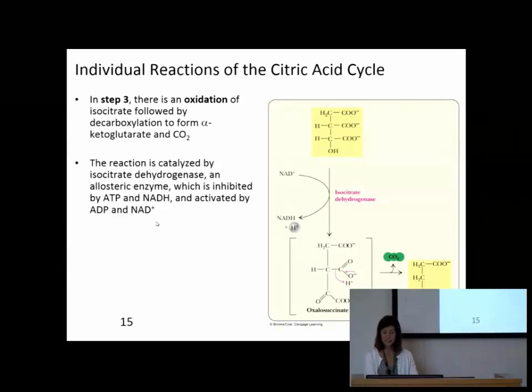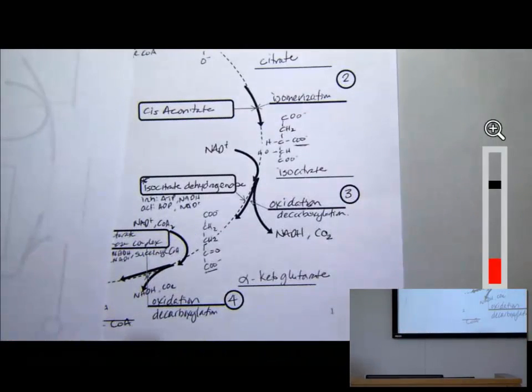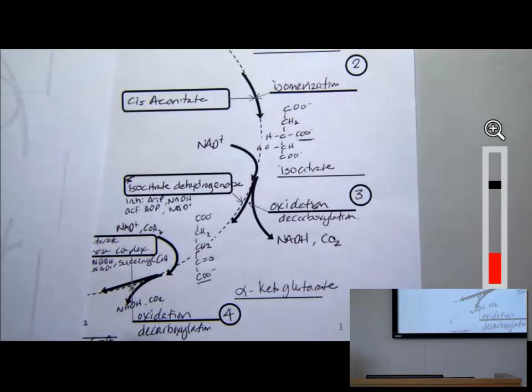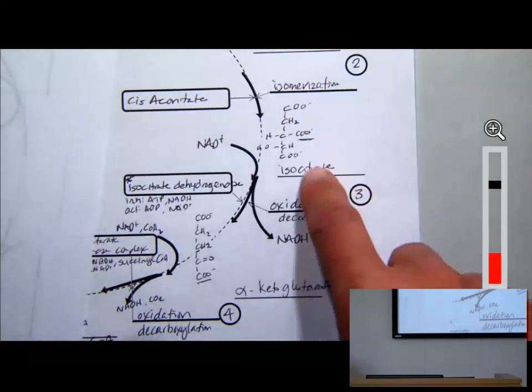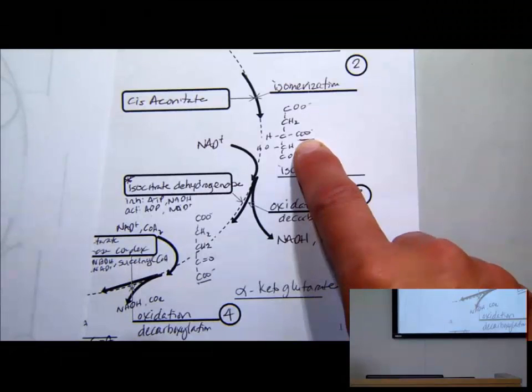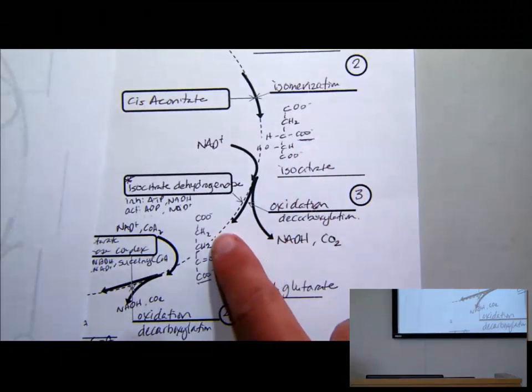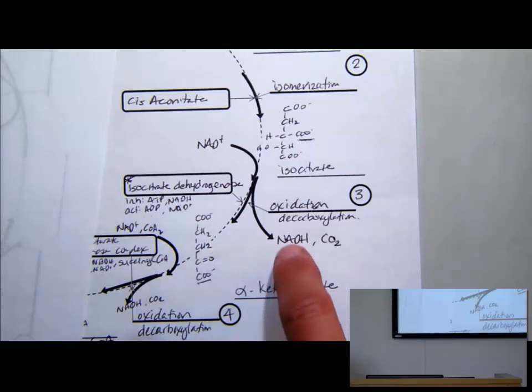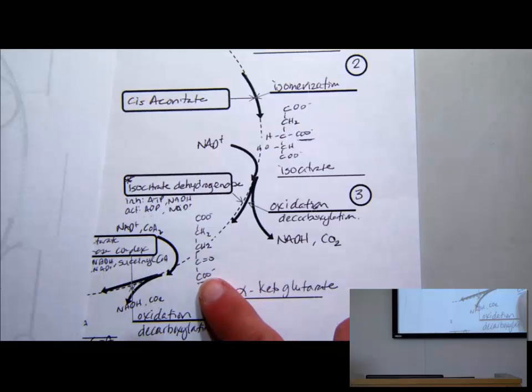So let's go back to our document camera. We go from our isocitrate. I underlined the carbon dioxide that we're losing, the acid that we're losing. It's not there anymore. Here we have the carbonyl and the acid.